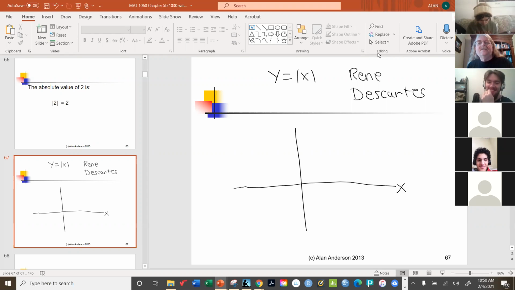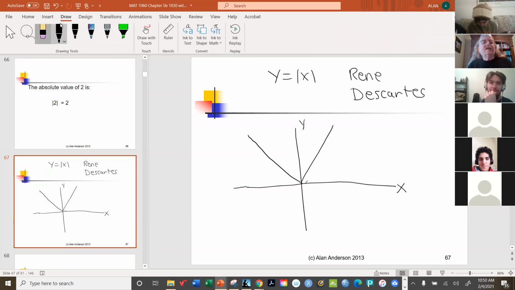All right. So anyway, if you were to draw a picture of this, you might recall this from high school. It looks like a big V. These two lines should have the same slope. Now, why does it look like this?